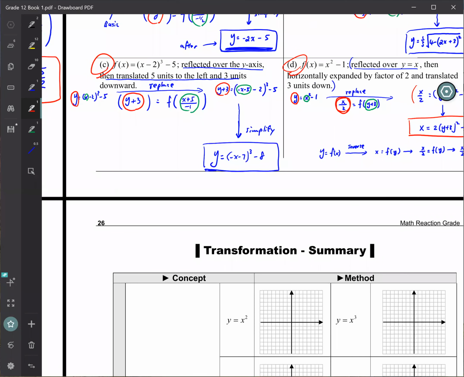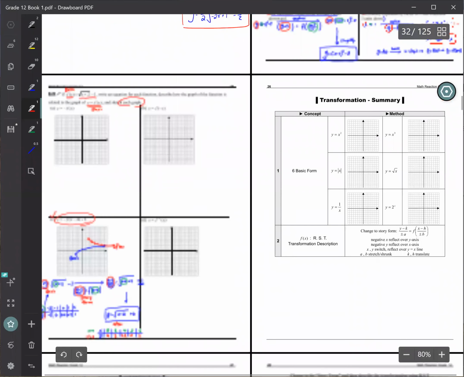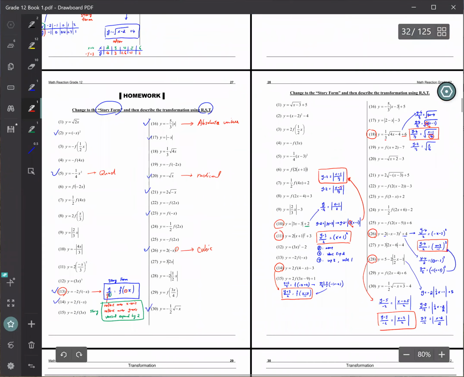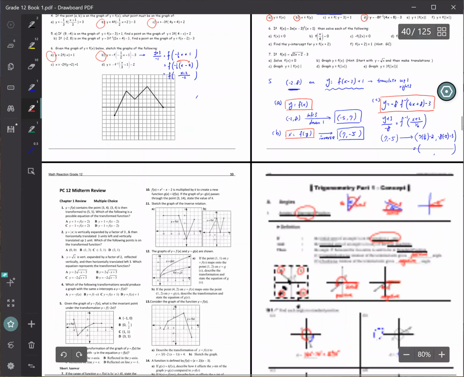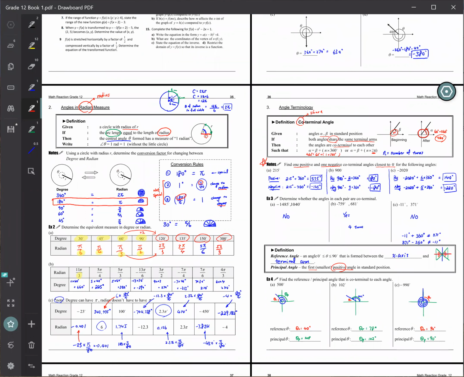You can time yourself, about 1 hour, and do it without looking at the notes, so that you can see how well you did. Today's lesson is pretty easy. It's just changing degree, radian, and also some reference angle. Those shouldn't take that much time. So spend most of your time studying for transformation, and then do the test.